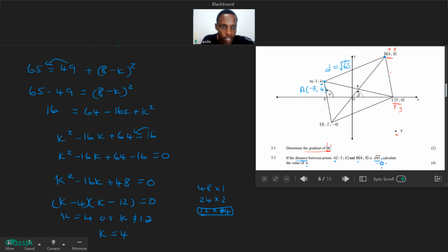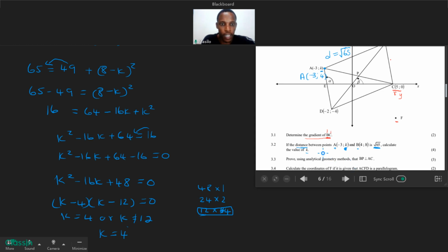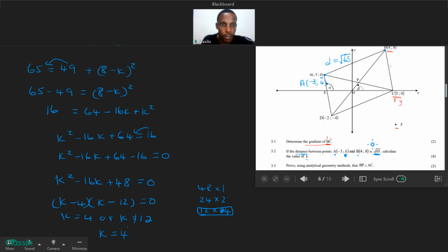If you are told the distance of a line, but you are looking for an unknown variable. Now they say, prove using analytical geometry methods that PB, this line, is given as PB.